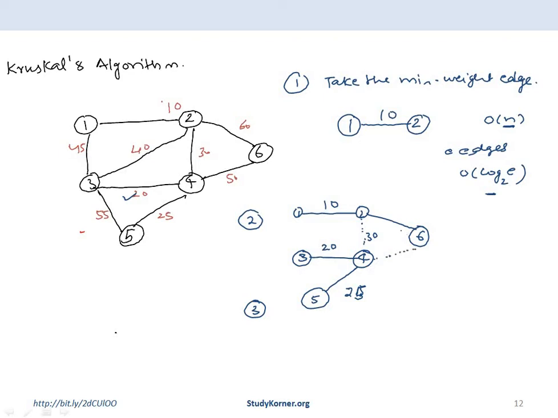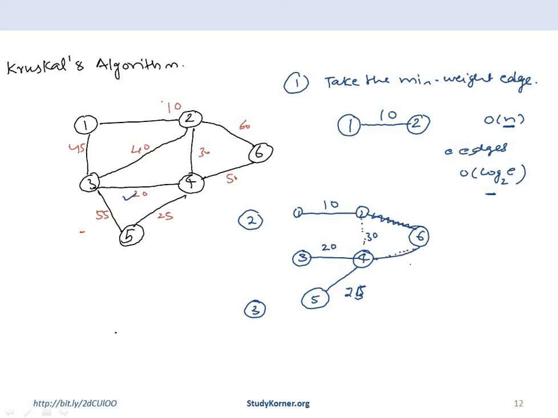Always we need to select those edges with the minimum weight. And if I consider this 60, between the two possibilities to reach node 6, if I remove this one, I can pick this one.